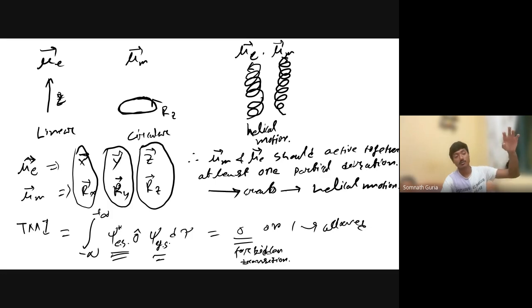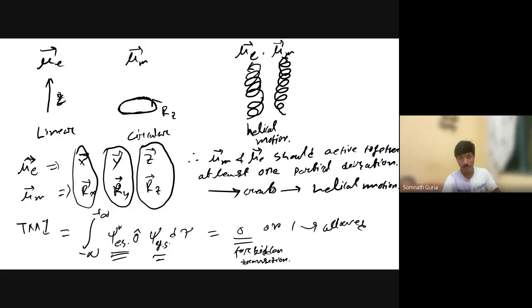Let's suppose we have one character table of a molecule where Rx, Ry and Rz are combined together in one particular orbital operation.